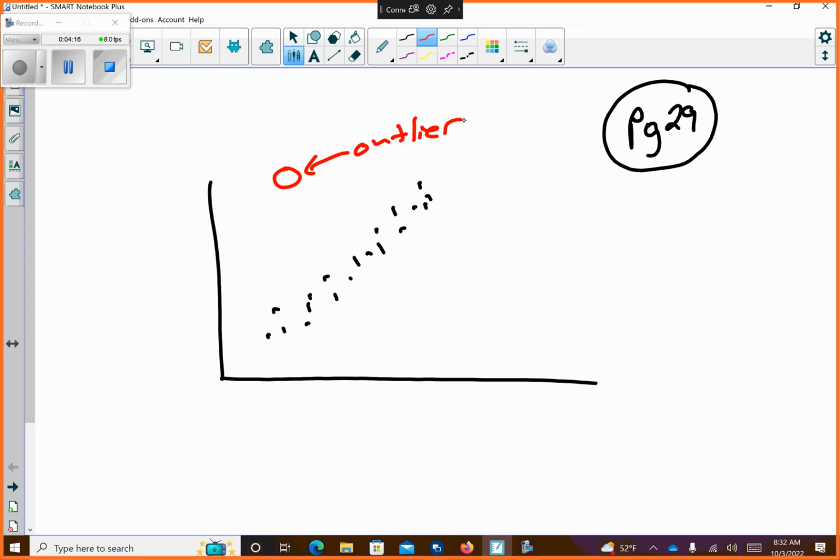But there could be times, especially when you're plugging in data, that you might transpose your x and y values.